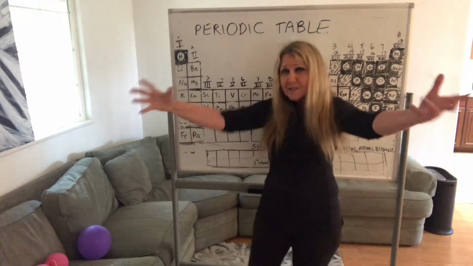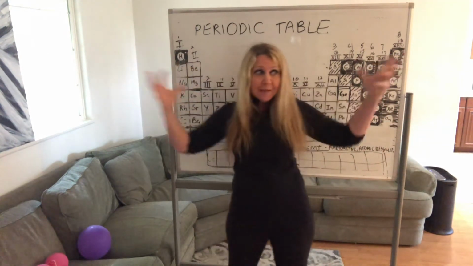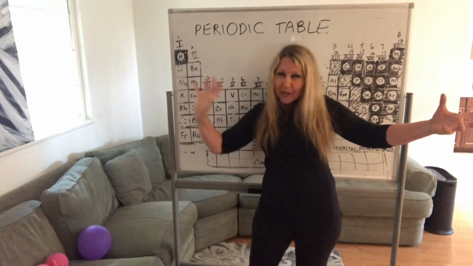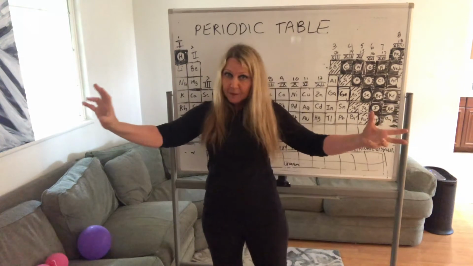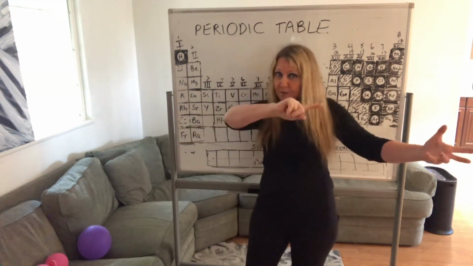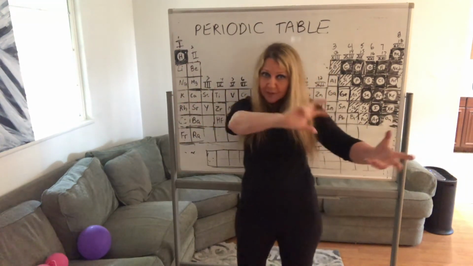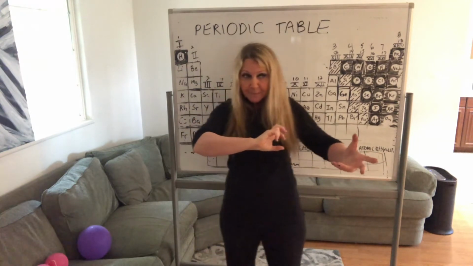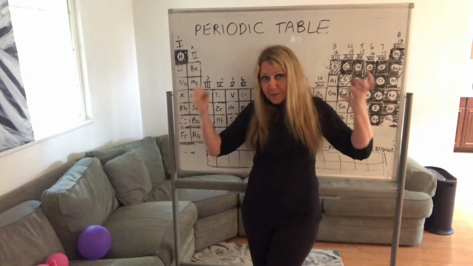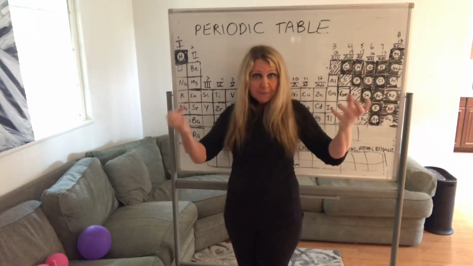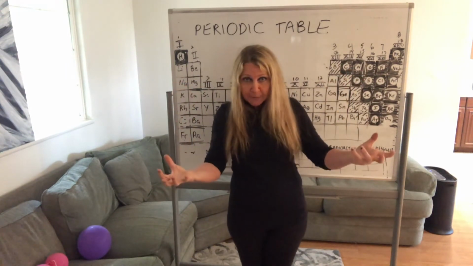Now remember, valence electrons are the outermost electrons. So it's the number of electrons that are on the very outside energy level in the atom. And those electrons are the ones where the action is going to happen. This is where reactions will happen.